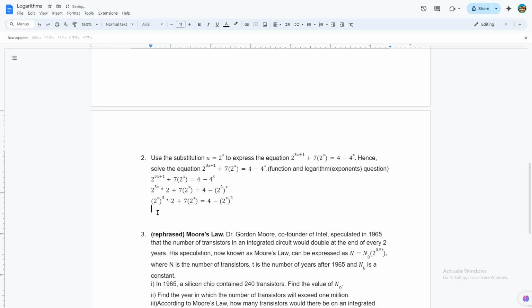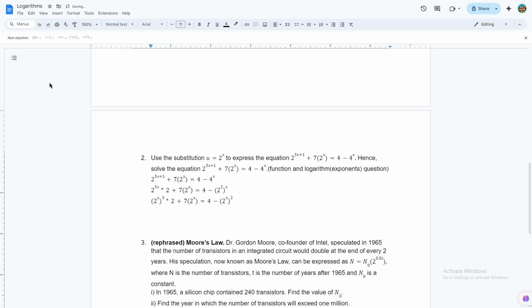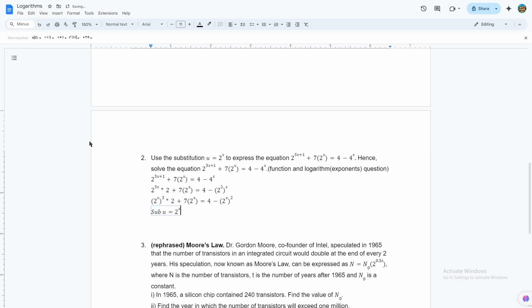So we have our 2 to the power of x's ready. Got 2^x, 2^x, 2^x. So you can substitute u equals 2 to the power of x into equation number 1.